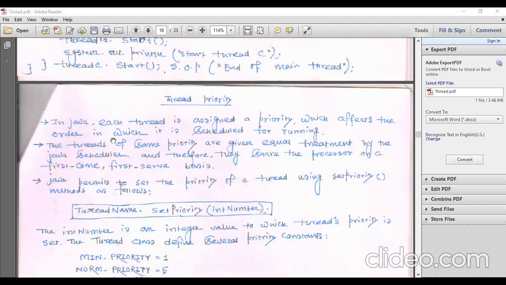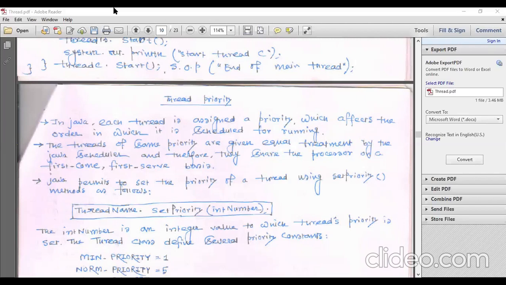And definitely the thread priority affects the order in which it is scheduled for running. Suppose a thread which is running in the processor is of norm priority, the priority value 5.